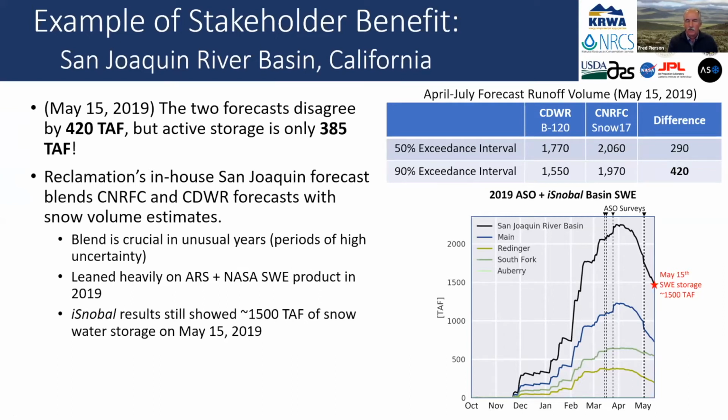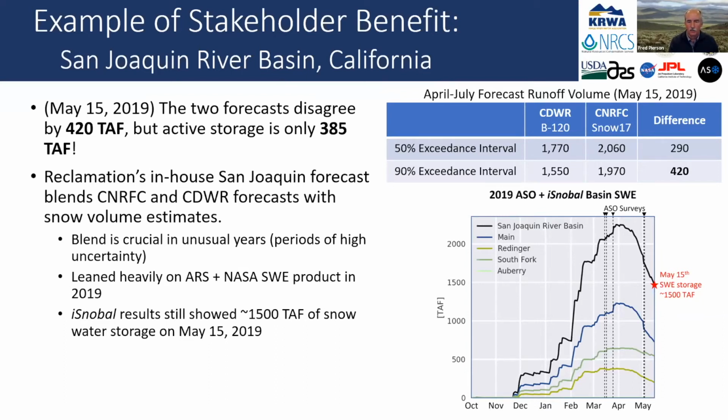The forecasts were differing by 420,000 acre feet when the overall storage within the whole system was only 385,000 acre feet. They had this error between forecasts because of a pretty anomalous snowfall year, and they had these very different forecasts. They didn't know what to do.